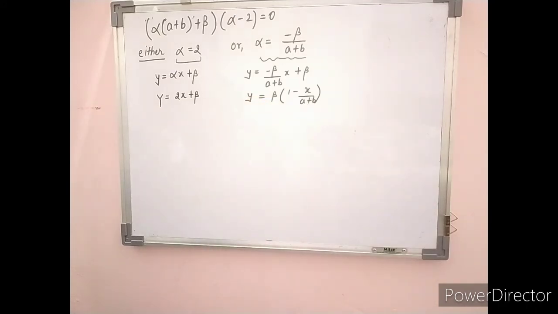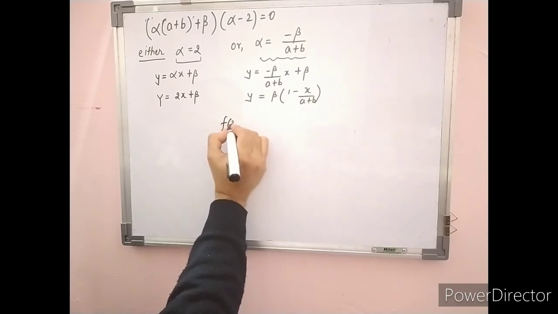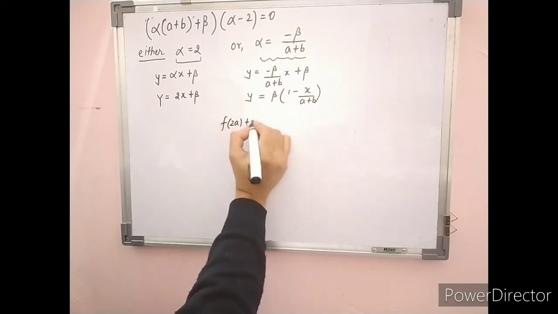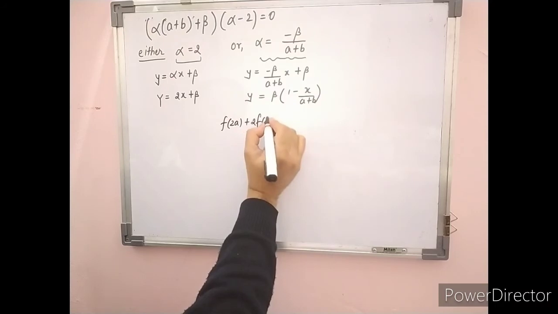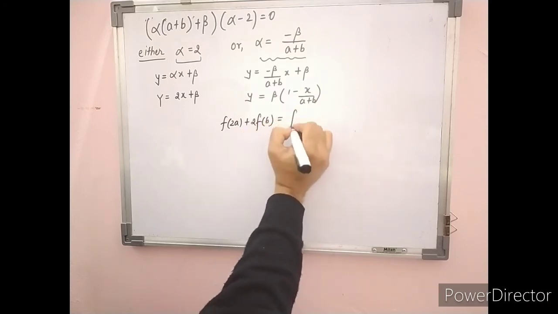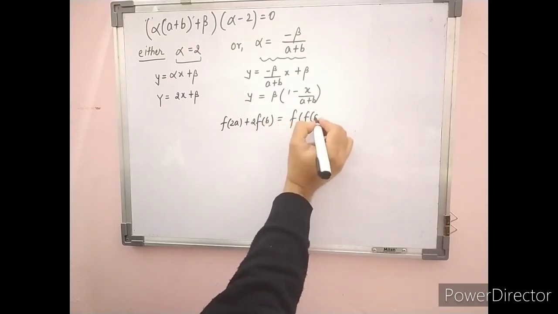Now see, if we substitute both these two equations in our original equation, that was f(2a) plus twice of f(b) is equal to f(a plus b).